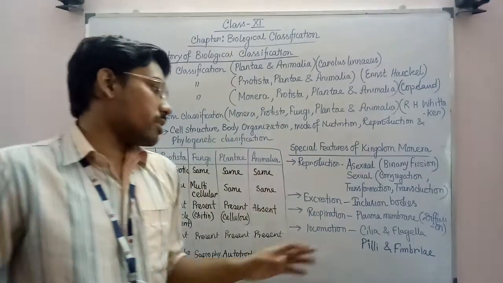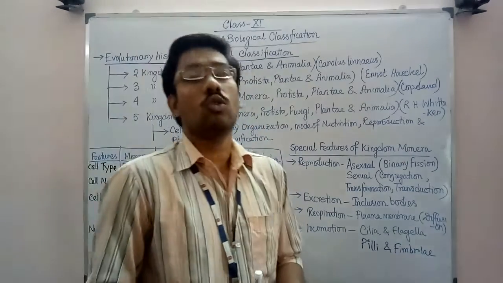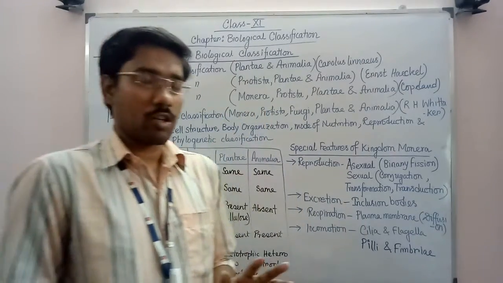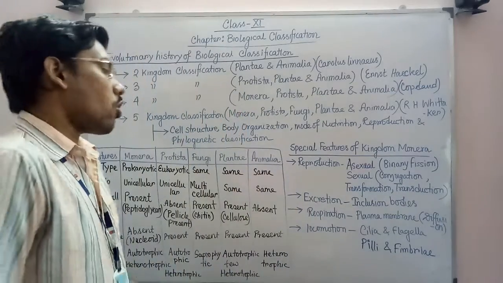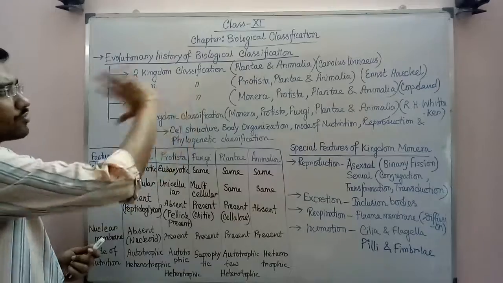But after that, pili and fimbriae also help the bacterial cell with locomotion along with cilia and flagella. Cilia and flagella are the main locomotory organs, but these two also help as accessory locomotory organs. So I think this is the introductory part of the chapter, that is the classification systems.